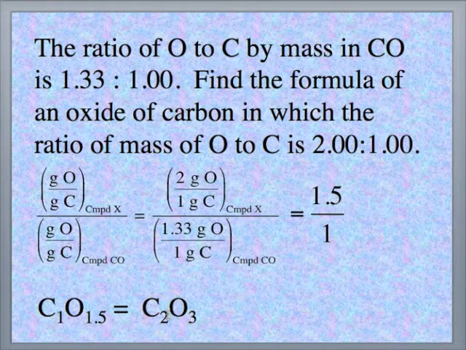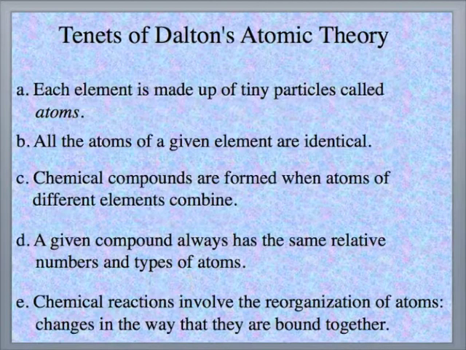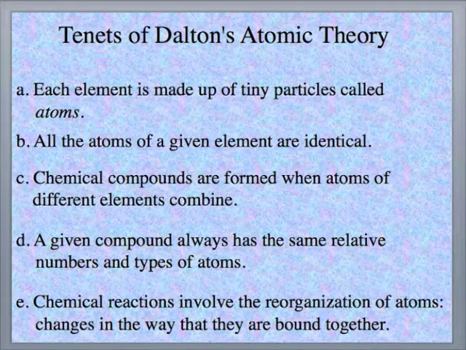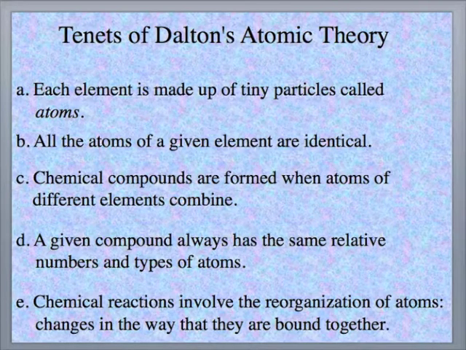So now we have 3 laws that are the foundation of the atomic theory that, again, Dalton came up with. The law of conservation of mass, the law of definite proportions, and the law of multiple proportions.